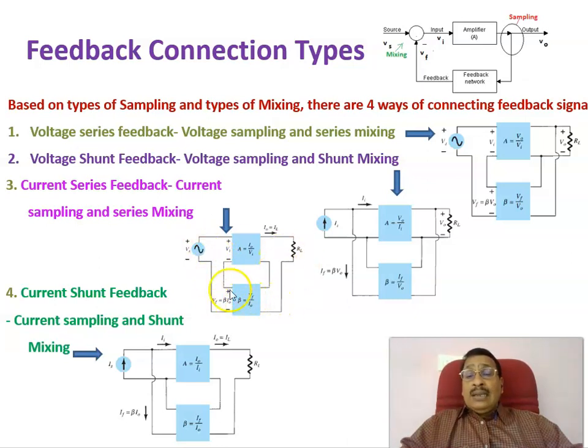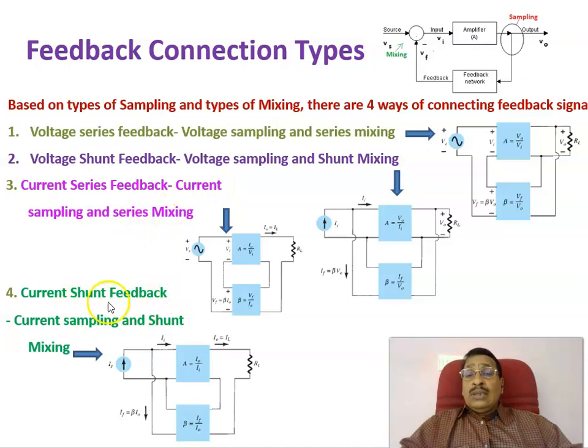Current sampling and voltage mixing. Therefore, voltage is the input to the amplifier, but the output of the amplifier is the current. So this ratio is current divided by voltage, which is a conductance, GM. This amplifier is a conductance amplifier, represented as GM. We say this is the current series feedback amplifier.